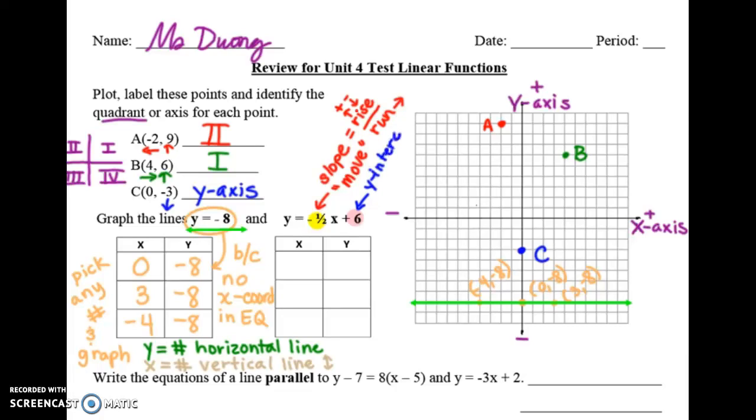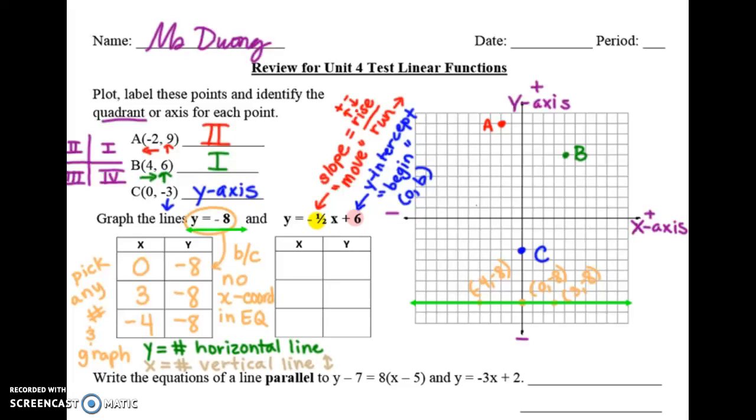The y-intercept goes in for the variable b, as in begin. That is the point where we begin. That point is known as the y-intercept, or (0, b). In this case, b is replaced with a plus 6. So the first ordered pair I'm going to use will be (0, 6).